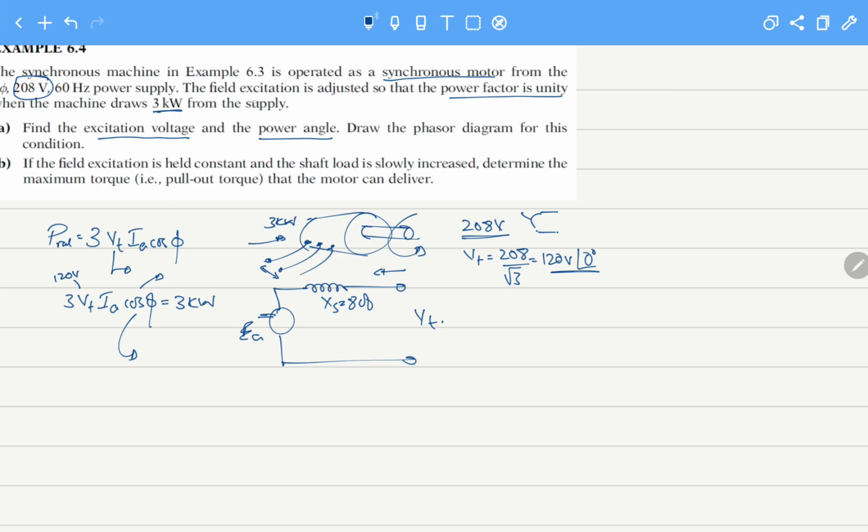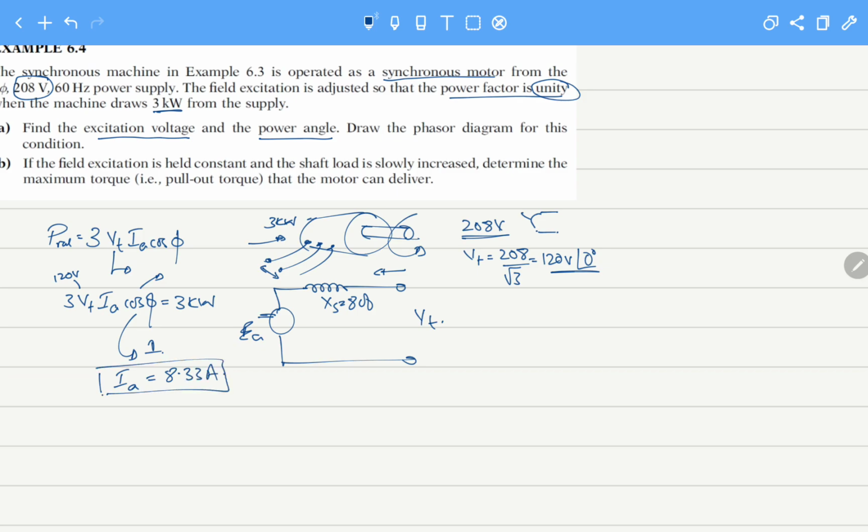Here it is saying that the field excitation is adjusted so the power factor is unity. That means cos phi, or cos theta, is 1, and so by knowing these values we can calculate the value of Ia equals 8.33 amperes.